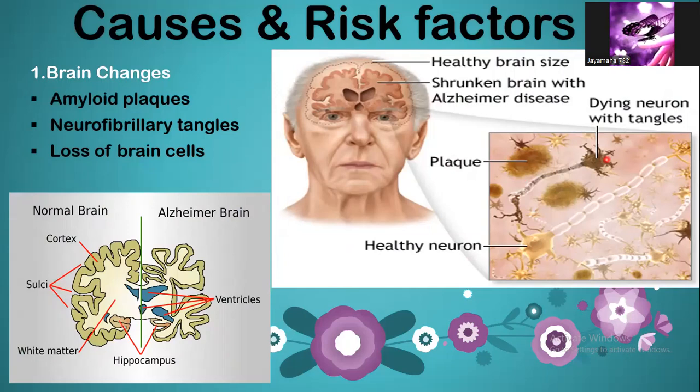They are twisted strands of tau proteins inside the nerve cells, leading to cell dysfunction and death. Finally, this can cause the loss of brain function by progressively shrinking, or atrophy, of the brain and by the enlargement of the ventricles.